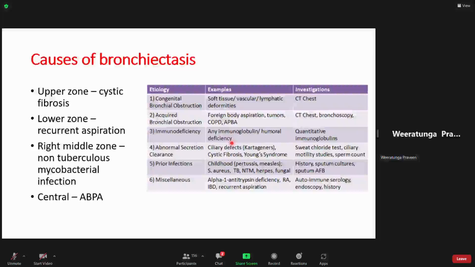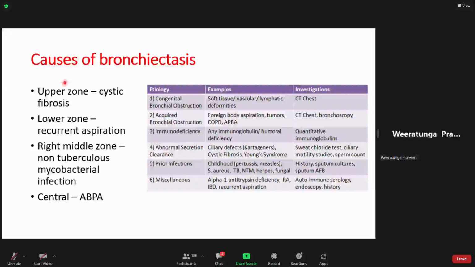And also certain other things like fungal infections, NTM, non-tuberculous mycobacteria, and TB, which we know is a common leading cause of bronchiectasis in Sri Lanka. So infection-related bronchiectasis.